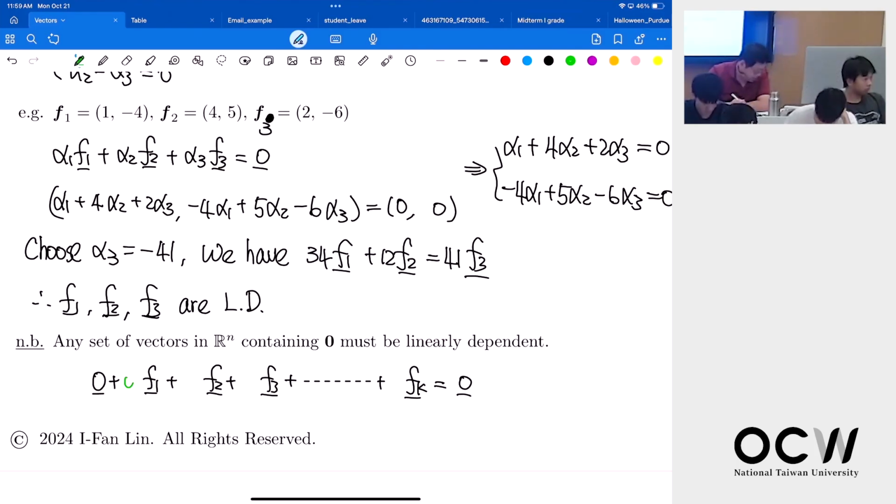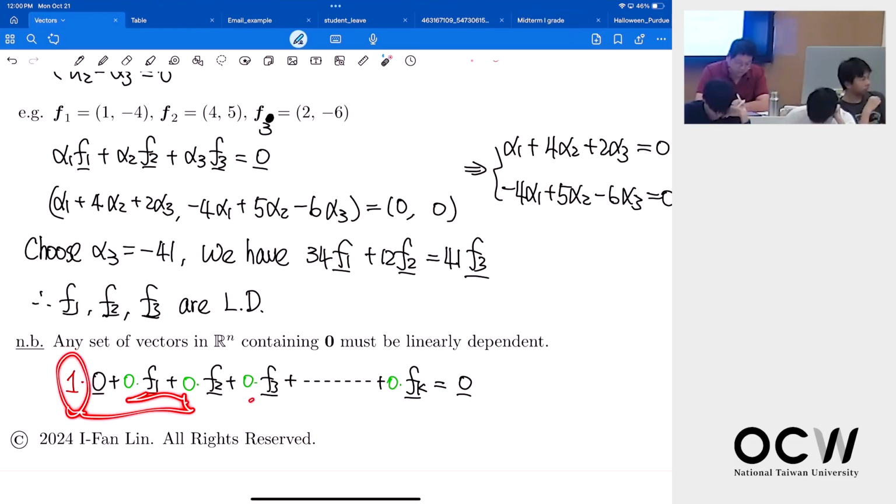I can have all coefficients 0, but for the 0 vector, I can have the coefficient 1, 2, 3, any number. So the coefficients are not all zeros, then they are linearly dependent.